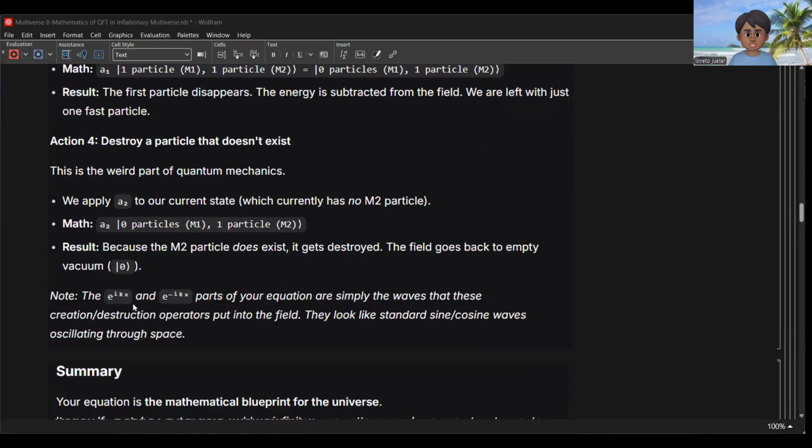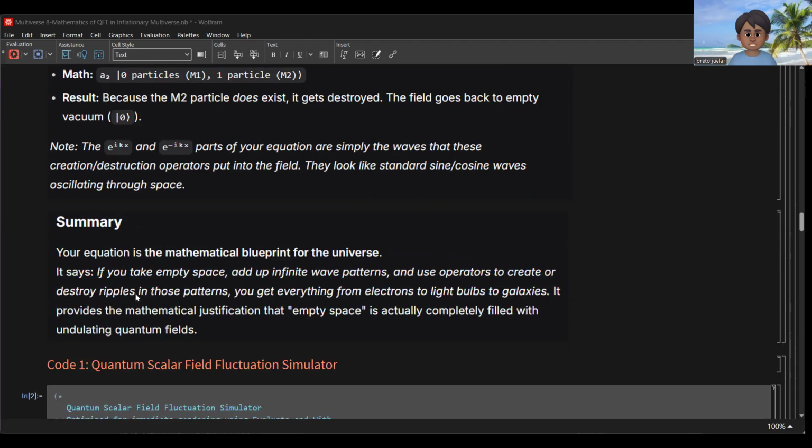We have a note here: the e to the ikx and e to the negative ikx parts of your equations are simply the waves that this creation and destruction operator put into the field. They look like standard sine and cosine waves oscillating through space. We have a summary here. Your equation is the mathematical blueprint for the universe.